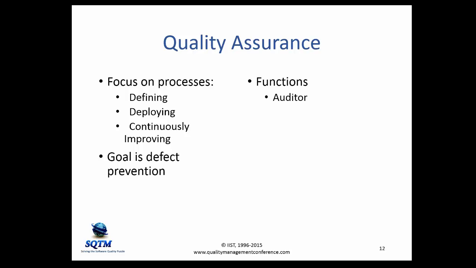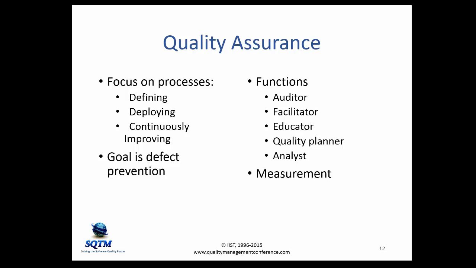So what are some of the functions of quality assurance? They're auditors. And I'm going to show you a little bit in the life cycle what I'm talking about here. They're facilitators, they're educators, they're quality planners, they're analysts, and they do measurements. And they analyze measurements and metrics.